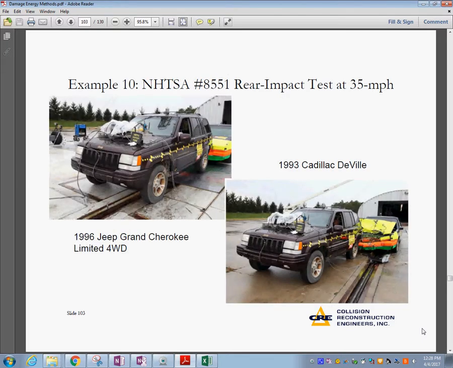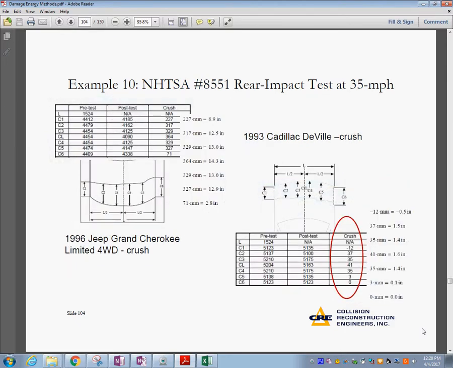So here's an example. Rear impact test, 35 miles an hour. That's not too slow. 35 miles an hour is 10 miles over what you drive in the city. So in this case, you're getting data from the EDR. These little tables come from the airbag control module.